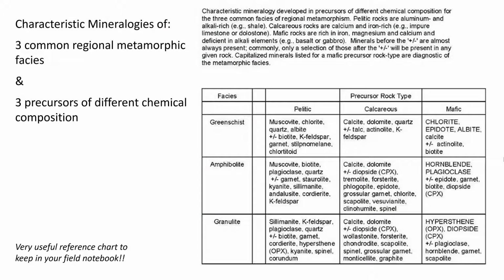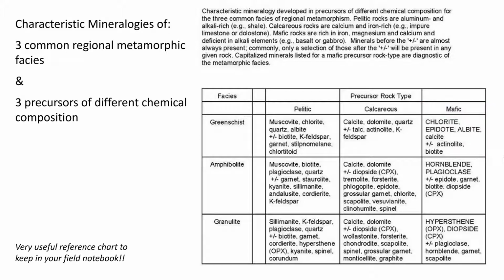This is a very useful reference chart that lists the characteristic mineralogies of 3 common regional metamorphic facies and 3 precursors of different chemical compositions. So we have the precursor rock types of pelitic, i.e. shale-like rock, calcareous, i.e. limestone or carbonate rock, and mafic rocks.